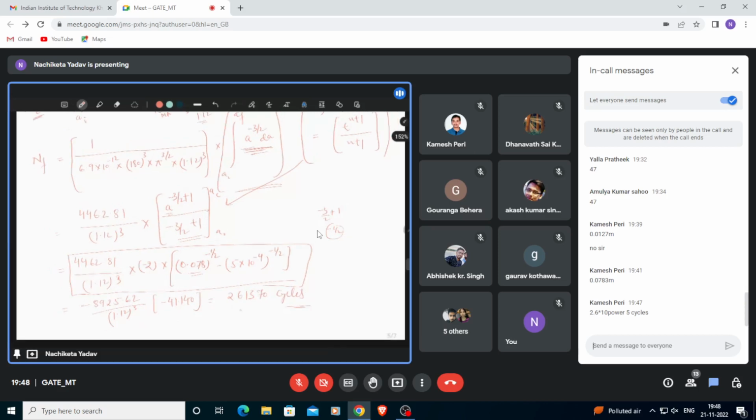This is our final answer. It will be nearly 2.6 into 10 to the power of 5 cycles. 2.61.